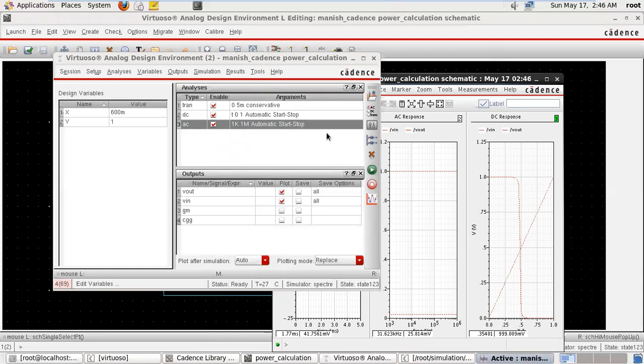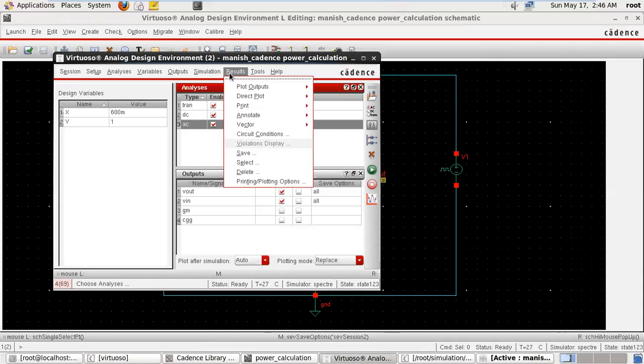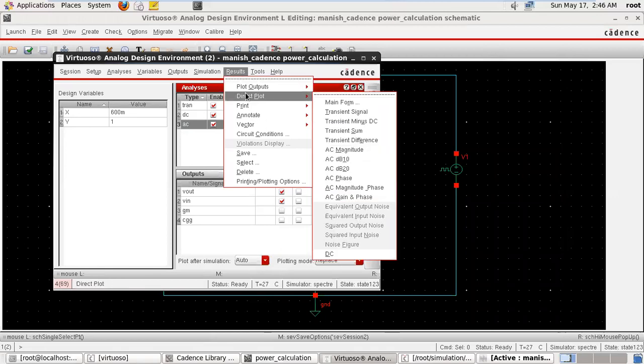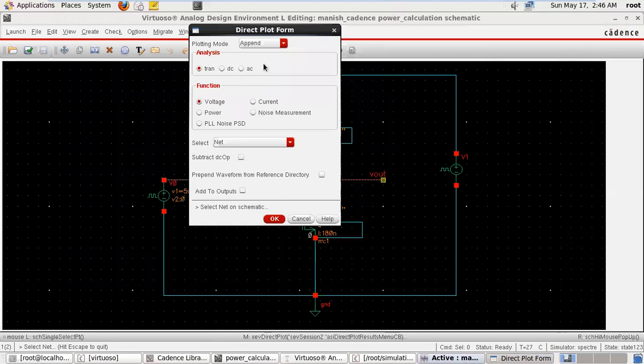That is the result. For power calculation, just go to the results browser, Results, Direct Plot, and open the main form. When you open this window, here you find the plotting mode. There are four types: append, replace, new subwindow, and new window. When you use append, the plot will appear in the existing figure window.